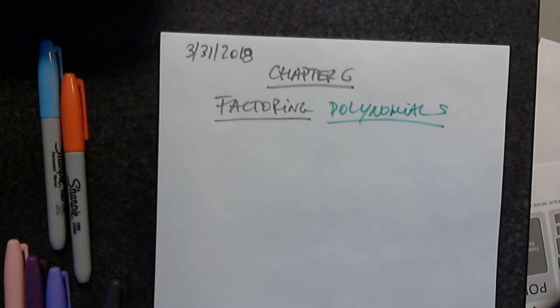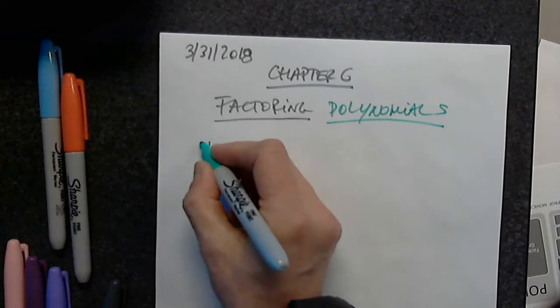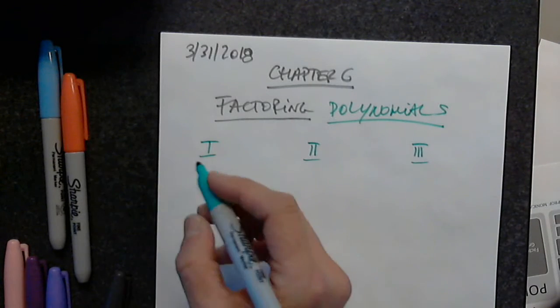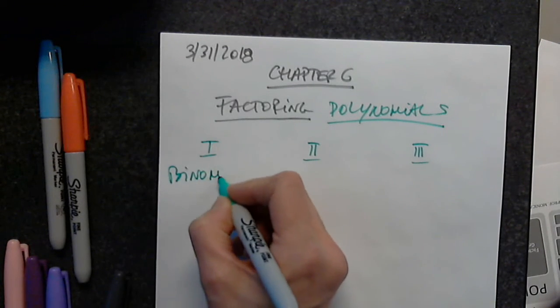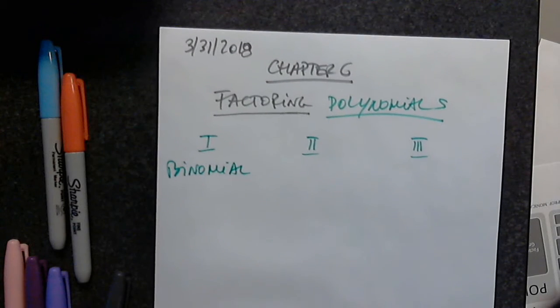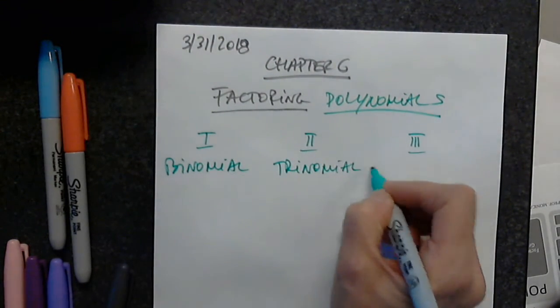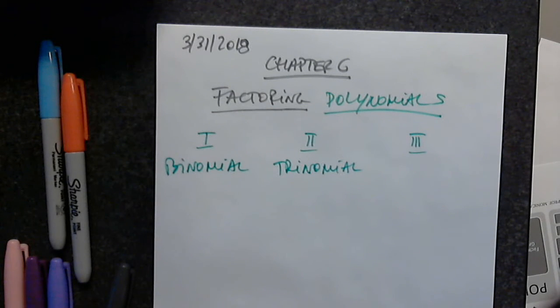I organize it in 3 categories. Category 1 is binomial. Category 2 is trinomial. And category 3 should be anything else. But by anything else, we say polynomial.